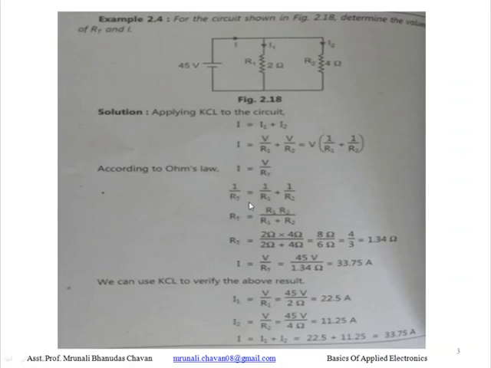Why do we use this equation here? Because the resistors R1 and R2 are connected in parallel. Okay. So 1 by RT is equal to 1 by R1 plus 1 by R2. Then by rearranging we get the equation RT is equal to R1 R2 divided by R1 plus R2. हे आपण प्रिव्हियसली पाहिलेलं आहे.